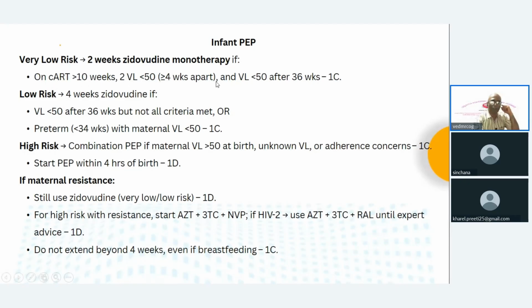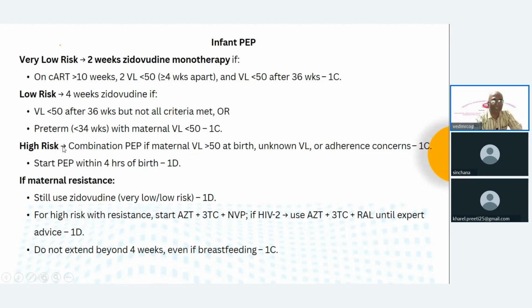When all 3 criteria are satisfied, the baby becomes very low risk. All 3 criteria are not satisfied, but the last criterion, that at the time of delivery, after 36 weeks, whatever is the viral load, that is less than 50, but not all criteria are met. Or if it is a preterm less than 34 weeks with maternal viral load less than 50, then the 4 weeks of zidovudine monotherapy is given.